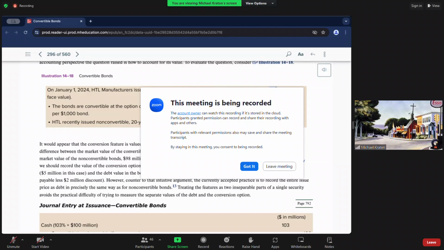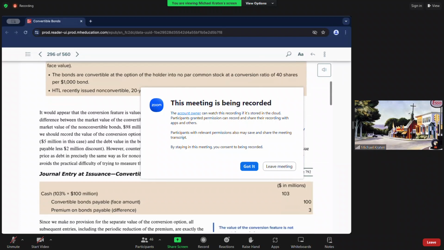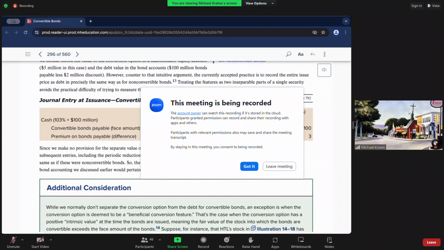The 103 merely has to do with the fact that this borrower or issuer of a bond began by saying, I want to borrow $100 million, but used competition between lenders to basically get the amount of cash they're actually receiving up to 103.